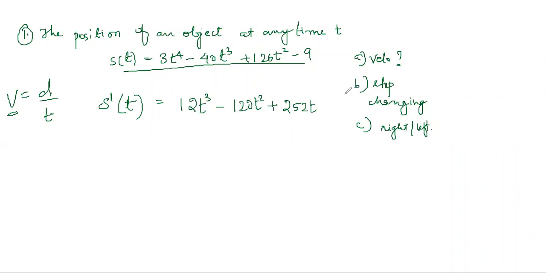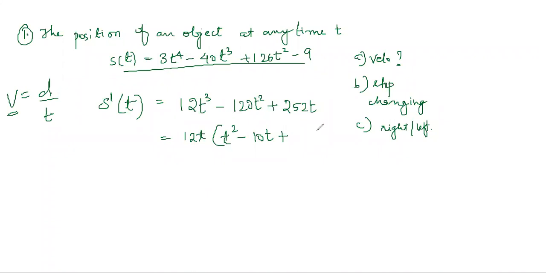Now what you have to do is factorization. I can take 12t as common. So what is remaining? t^2 minus 10t plus, how much will this be? I have to calculate now. One sec.